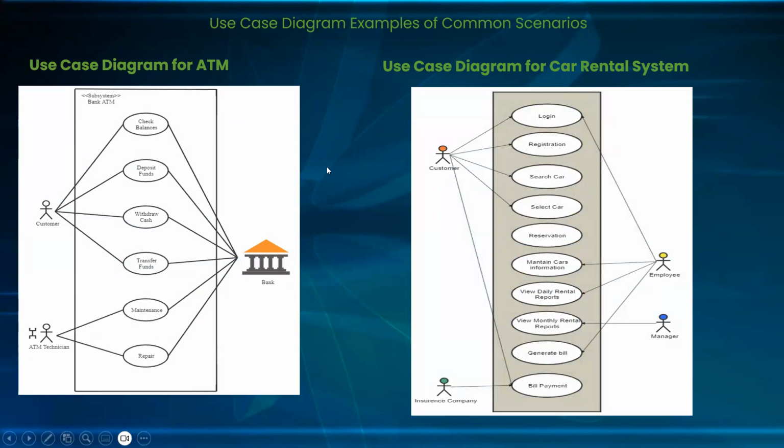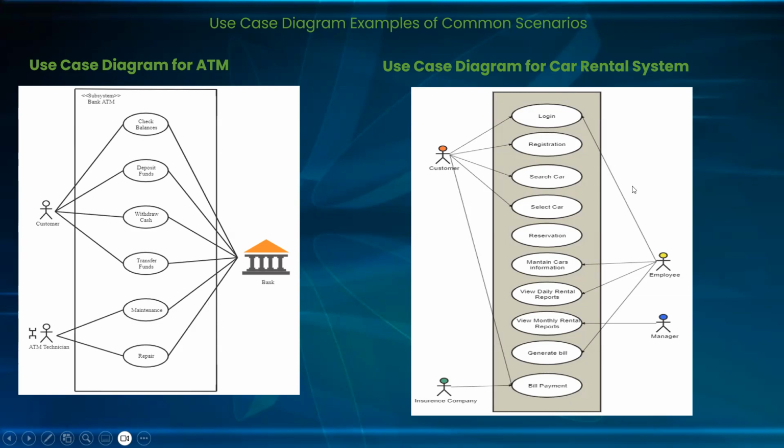All these actions here are what the actors are performing, and these are the related links. The customer is linked to check balance. The bank is linked to check balance. And the rectangle box is the boundary, the system that we are building.